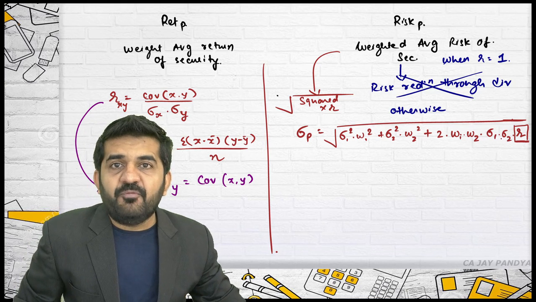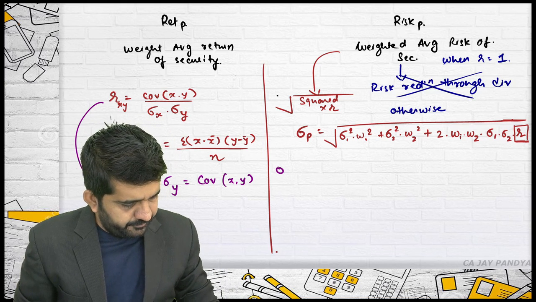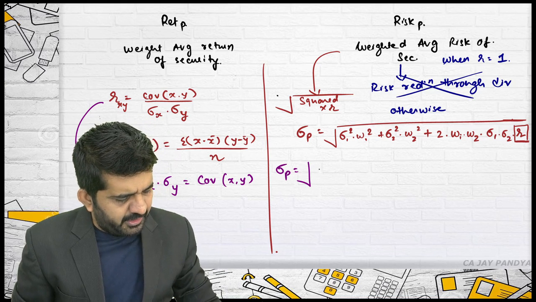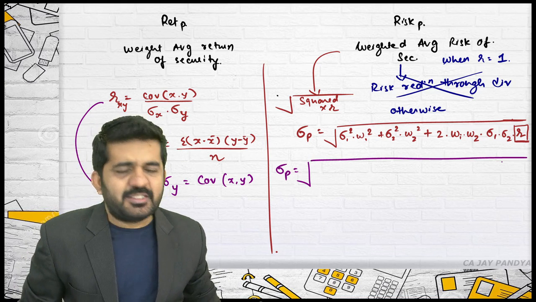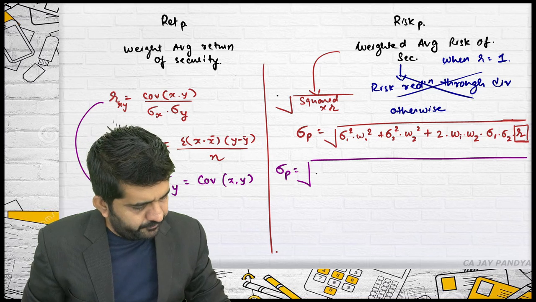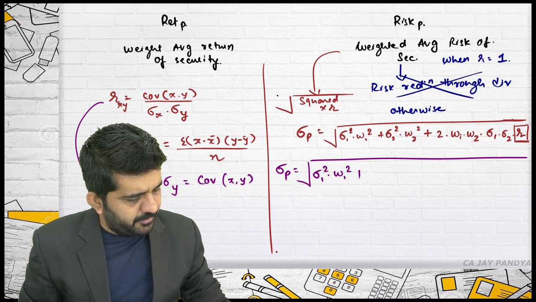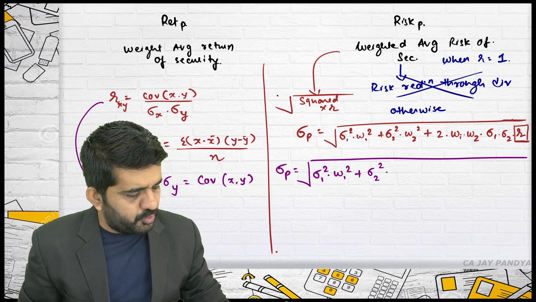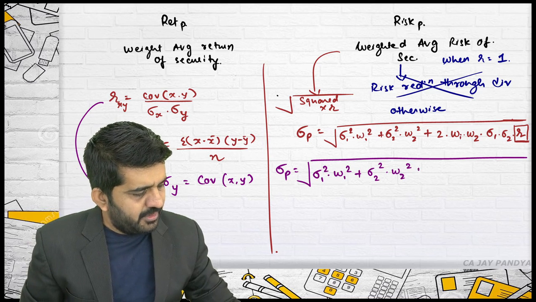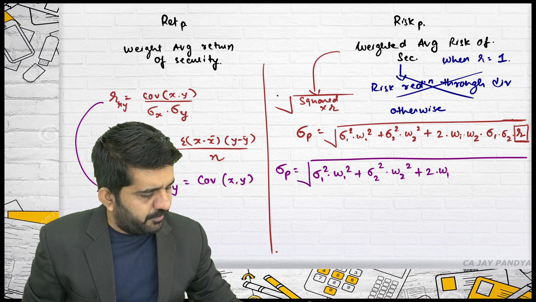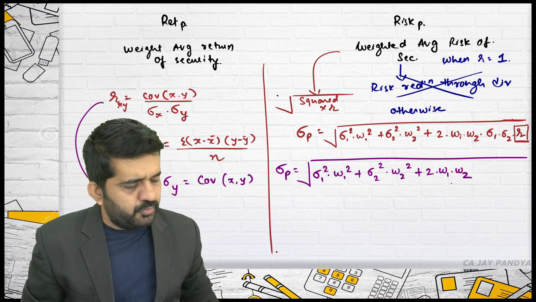I am even modifying this formula under root P. Is it always necessary to modify? The answer is no. Standard deviation 1 square into W1 square plus standard deviation of 2 square into W2 square plus 2 into W1 into W2.